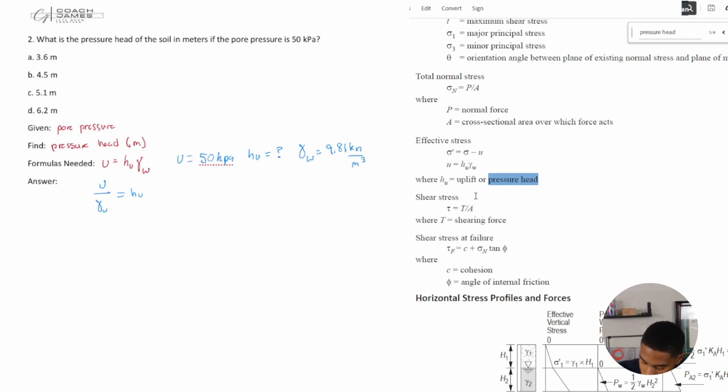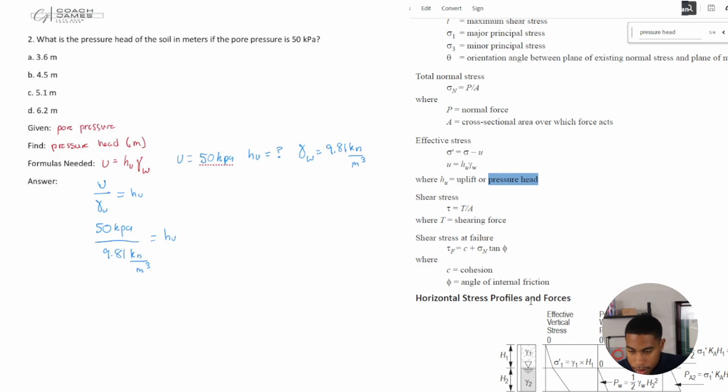So now we can just say 50 kPa divided by 9.81 kilonewtons per meter cubed is equal to HU.